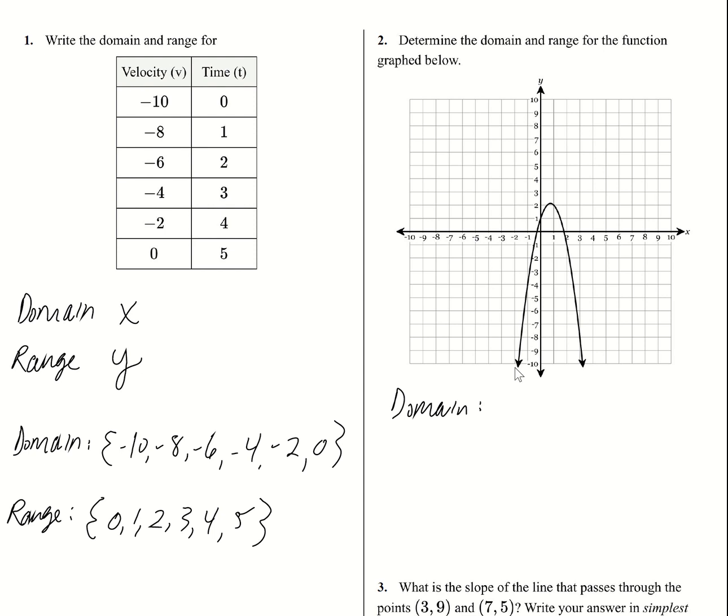And because these arrows mean it goes forever, we're getting wider and wider in both left and right. So the domain of this would be negative infinity to positive infinity. I'm using parentheses because while the function approaches those infinity terms, it will never reach them.